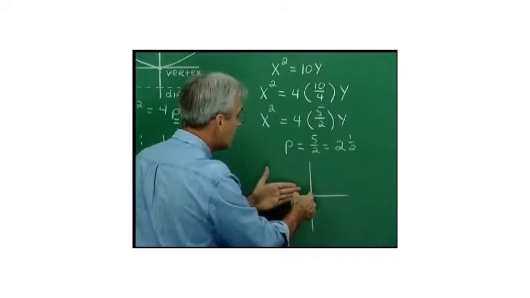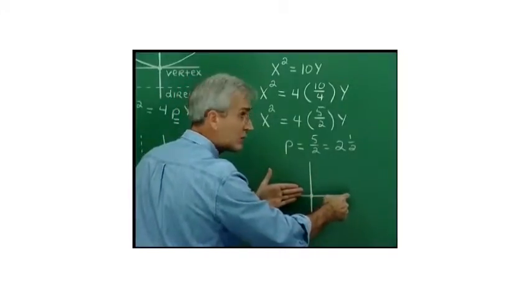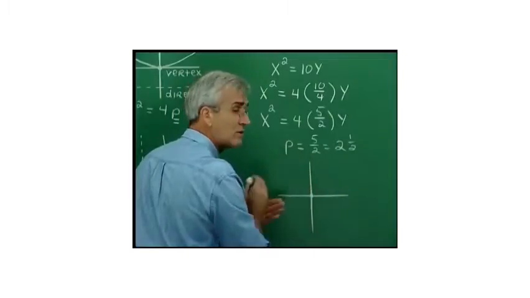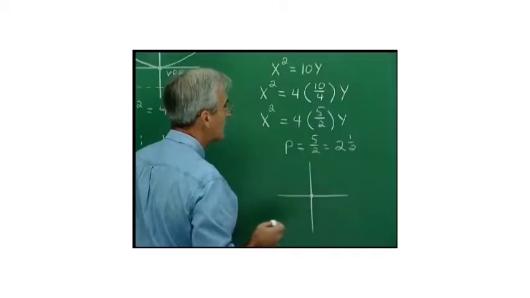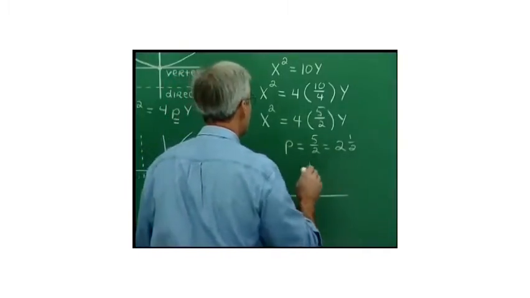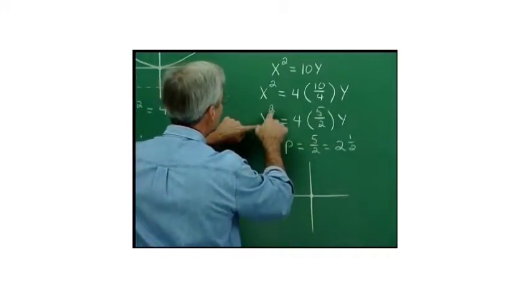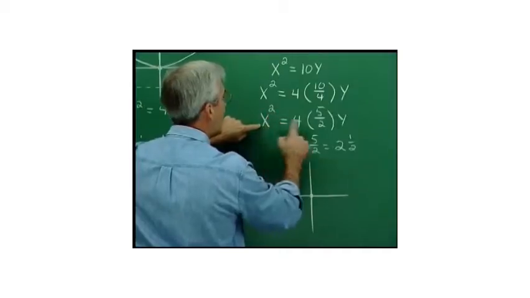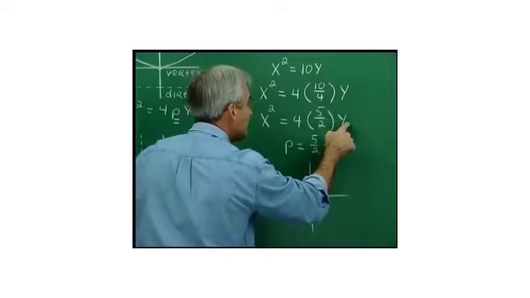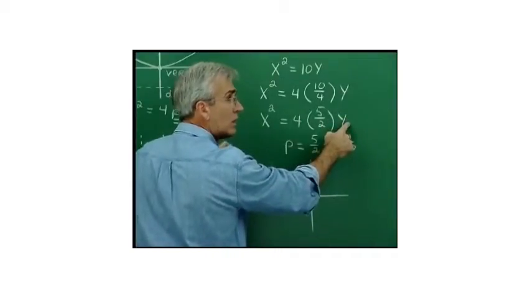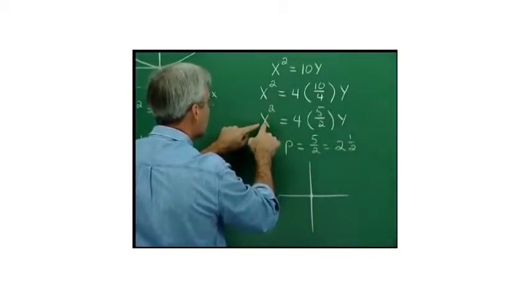But do we go along the x-axis a positive distance of 2.5, or do we go along the y-axis a positive distance of 2.5? Well, there are a few ways to be able to tell, but here's a pretty good way. If you have a second degree x and a first degree y, then it implies that one value of y will produce two values for x.